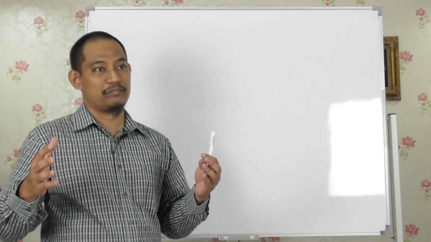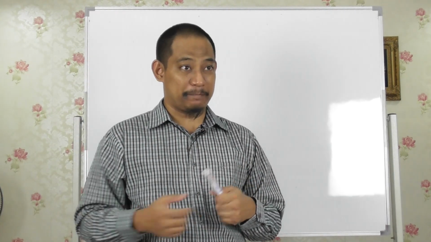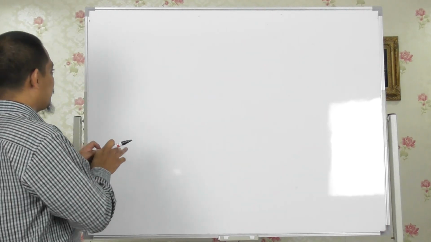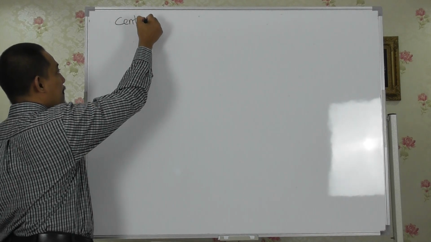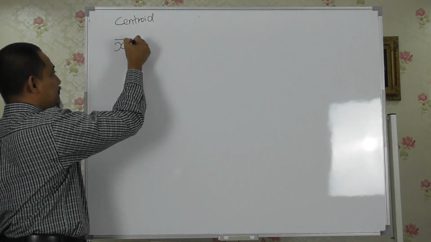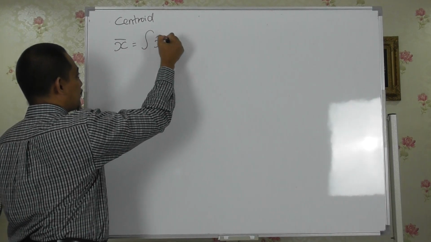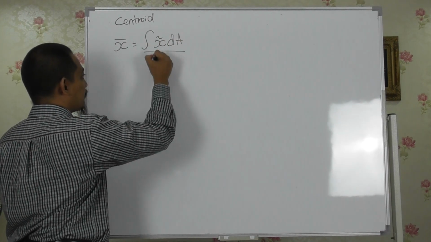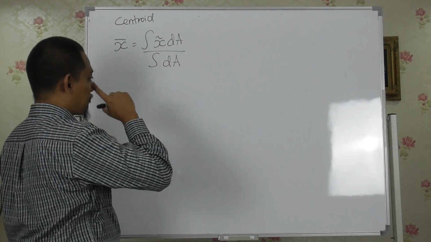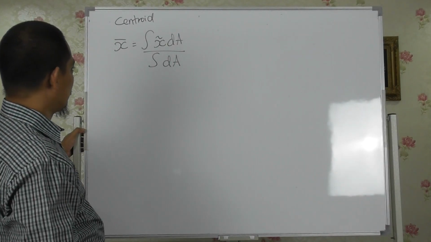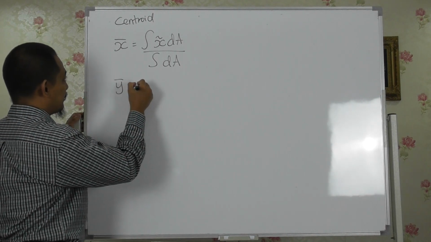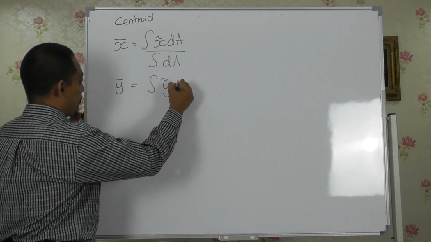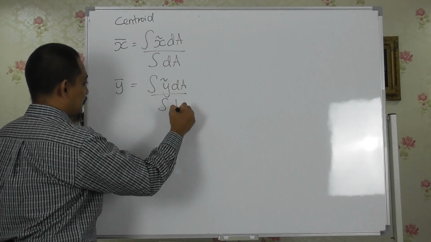So in terms of integration application in statics, specifically chapter 9 and chapter 10, the equations are as follows, right? So in terms of centroid, you have x bar equal to integration of x dA over integration of dA, and y bar equal to integration of y dA over integration of dA.